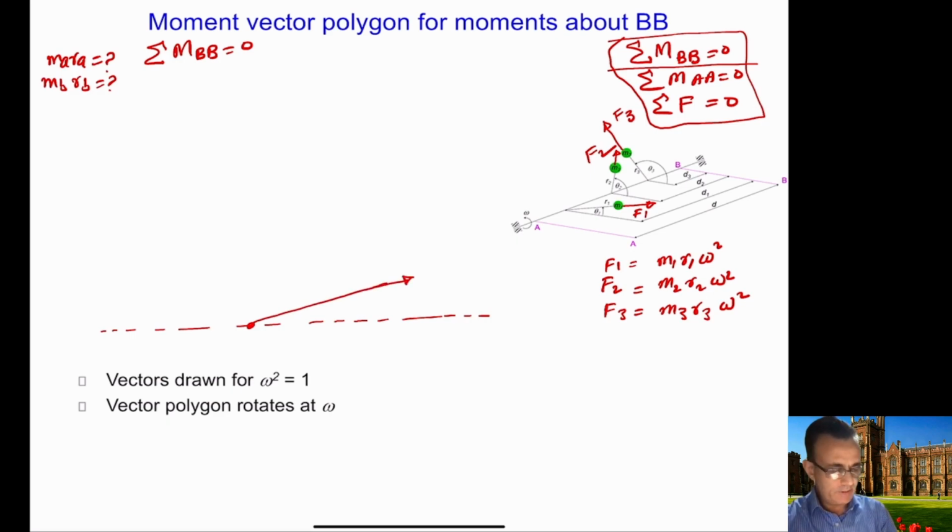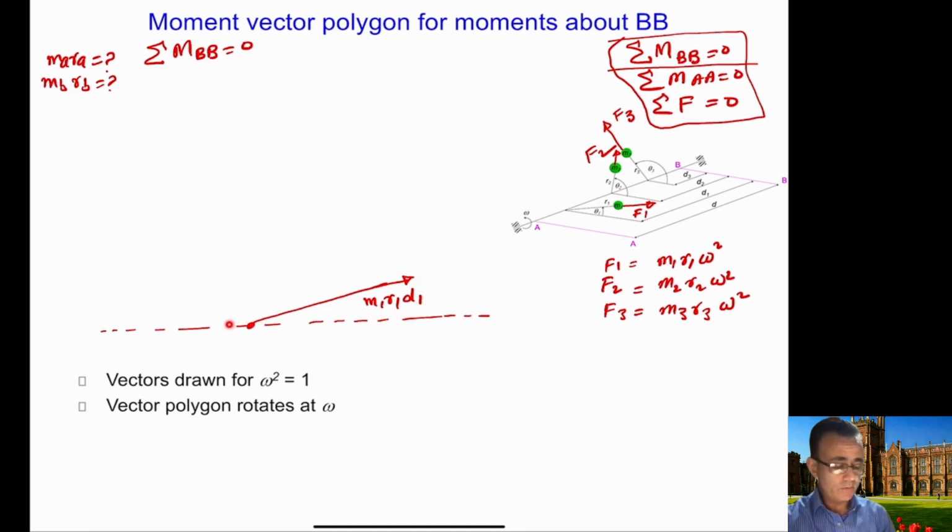So this will be our F1 times D1. So F1 here is M1 R1 D1. The idea here is that we are drawing these moments in the direction of the forces. If you calculate the actual direction of the moments from the right hand rule, it will be at 90 degrees to this force here.